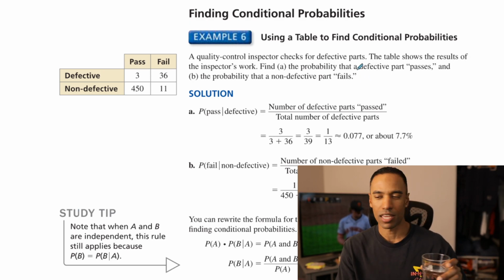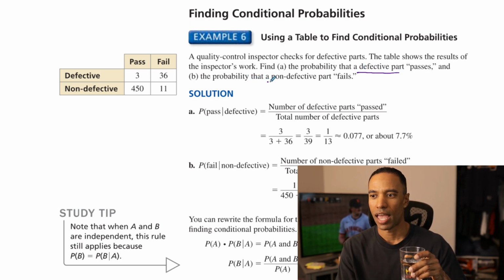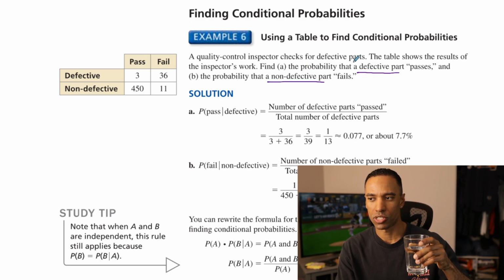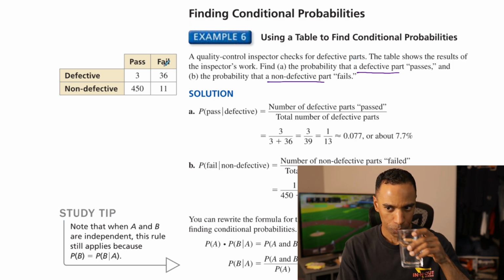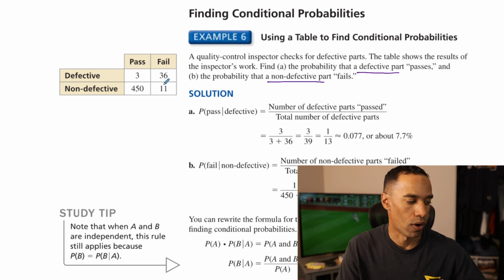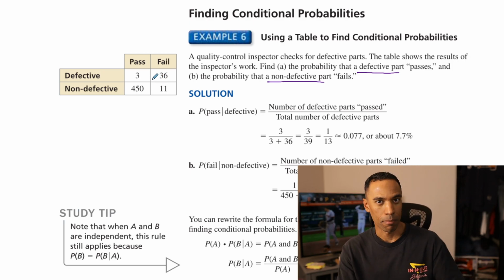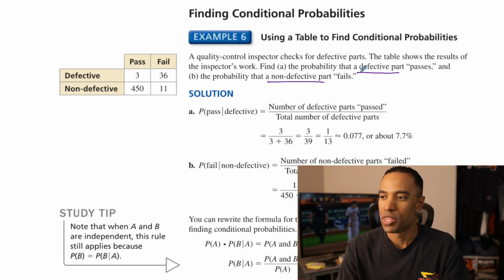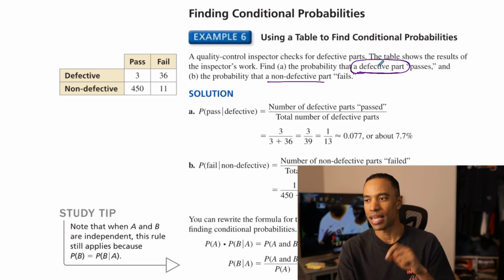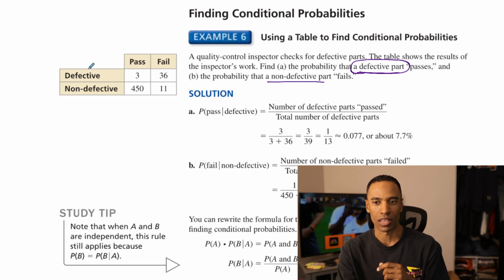Notice that they say the phrases defective part and non-defective part. They don't just say inspection or any part, I should say. So this is called a conditional probability. Given that we're only looking at defective parts, what's the probability that it passes?